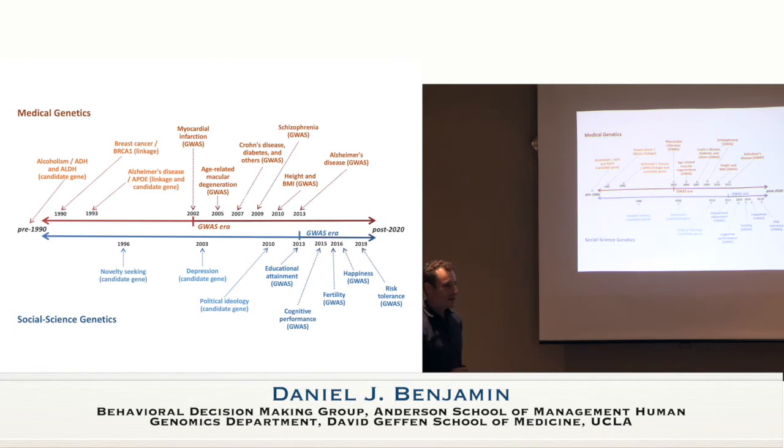For late onset Alzheimer's disease, there were linkage studies that had identified a particular region of the genome that seemed to be associated with ApoE. Remember linkage studies, where you have data on families and you follow the disease through the family.